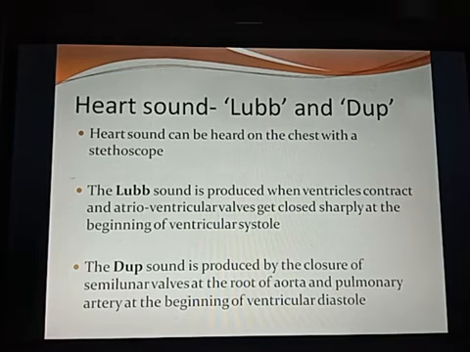Due to the closure of this semilunar valve at the beginning of the ventricular diastole, this sound is created that is called dub. So the lub sound is created due to the closure of the atrioventricular valve, and the dub sound is created by the closure of the semilunar valve, which is present at the root of the aorta and pulmonary artery.